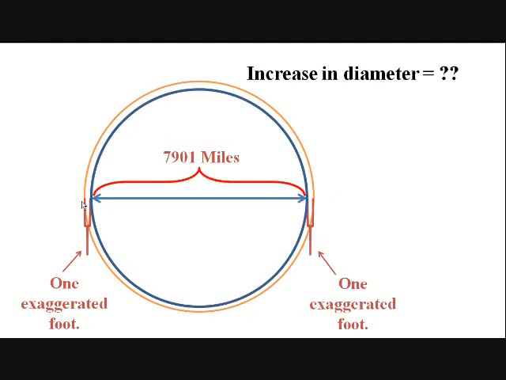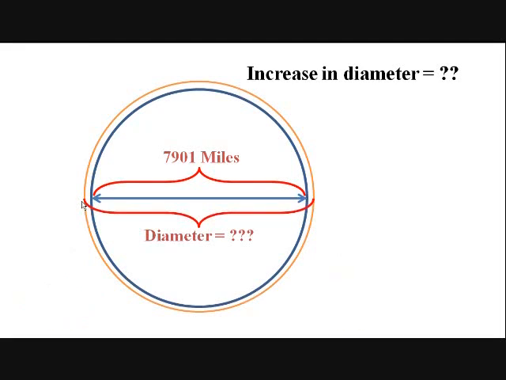Okay, this basically comes down to how much larger the diameter of the enlarged belt is than the diameter of the snug belt that just hugs the Earth all the way around the equator. So we're going to try to figure out the diameter of the enlarged belt.